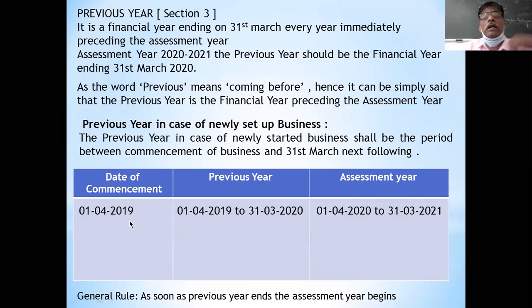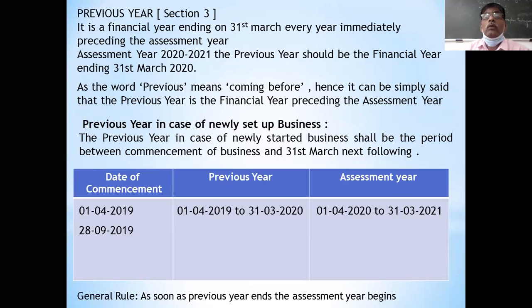Let us consider the second example. The business commenced on 28/9/2019. That means it may be during Deepavali or during Dasara. You started the business during Dasara or Deepavali, the date may be 28/9/2019.